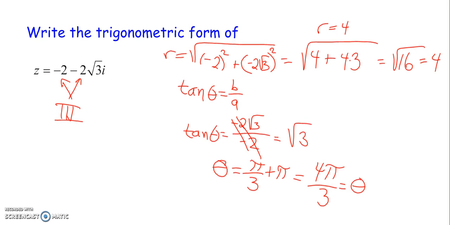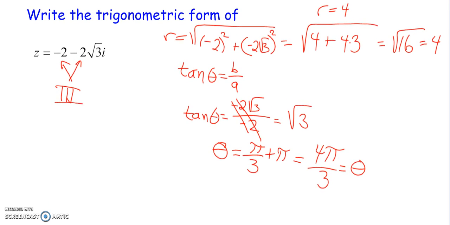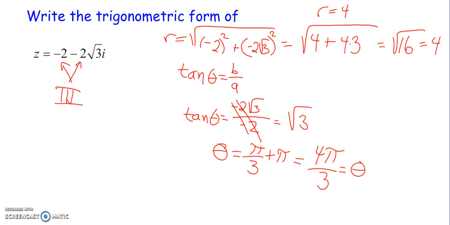Okay, so how do we turn this into a trigonometric form? Well, we already know r. R is going to be 4. And what you can do, we write our r term first, which is just going to be cosine of 4 pi over 3 plus i sine of 4 pi over 3.